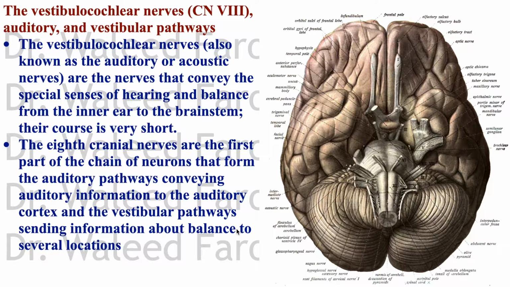Now, the auditory pathways convey auditory information to the auditory cortex, which is the temporal cortex, as we studied before, and the vestibular pathways send information about balance to several locations.